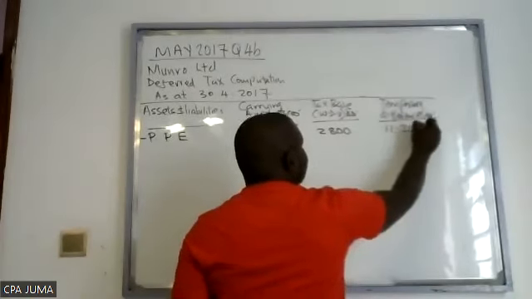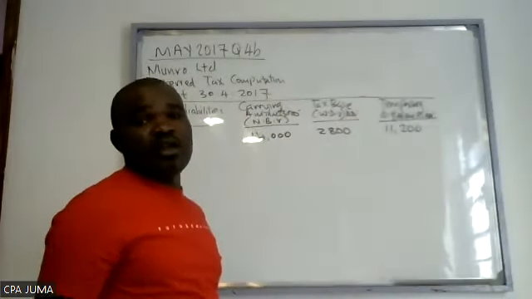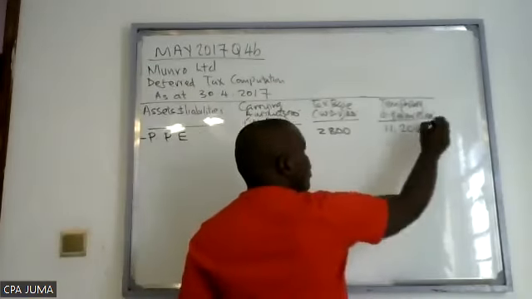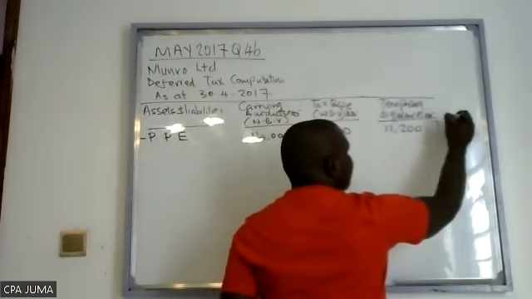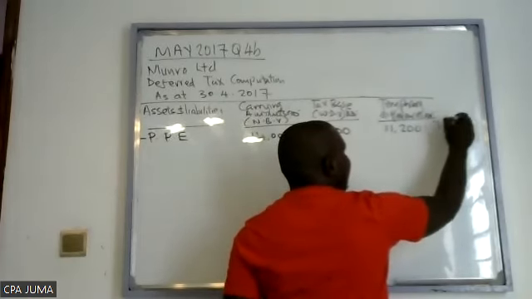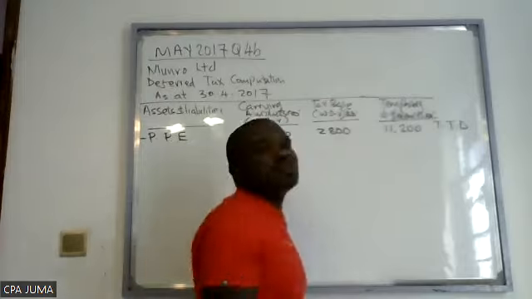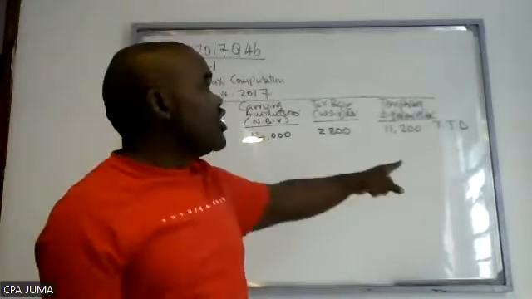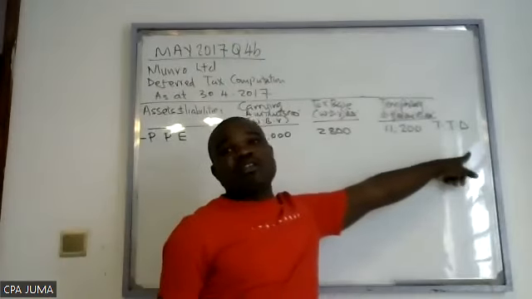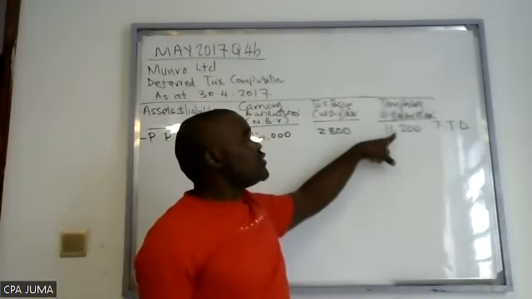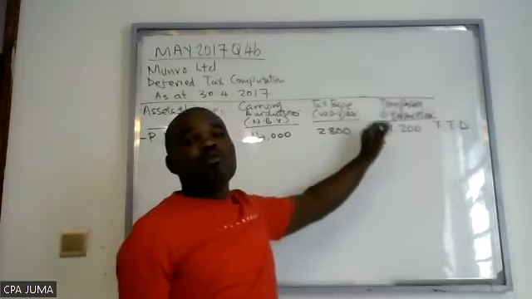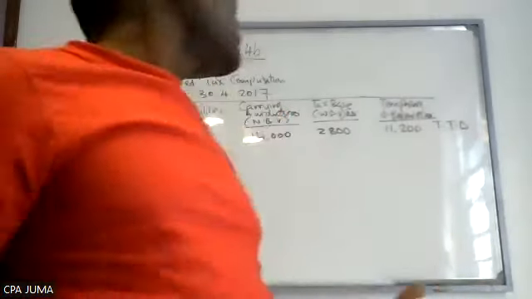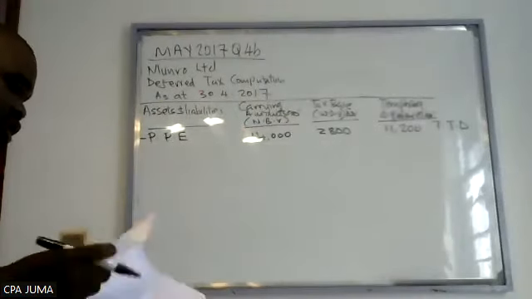It is not important to tell the examiner, but just for knowing purposes, 11,200 is called TTD, taxable temporary differences. Positive temporary difference is taxable. Taxable means it will give rise to a liability. Correct. Let's go to the next.